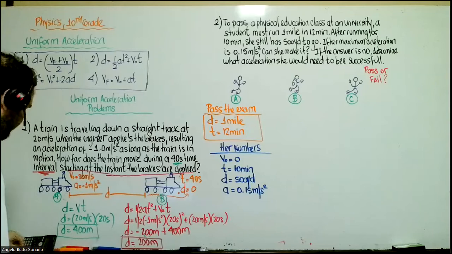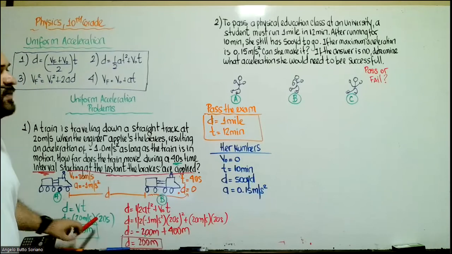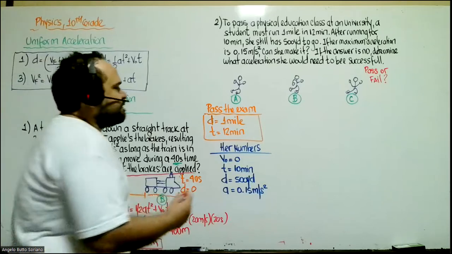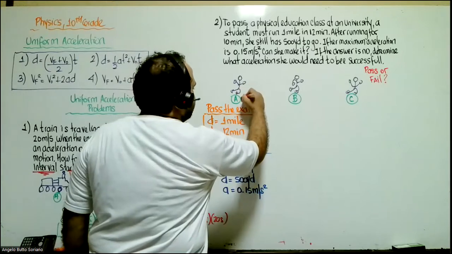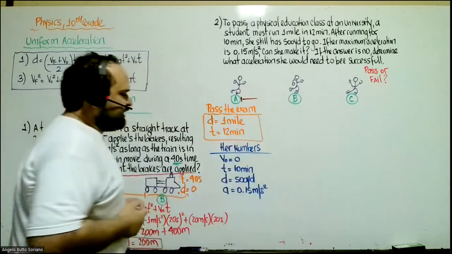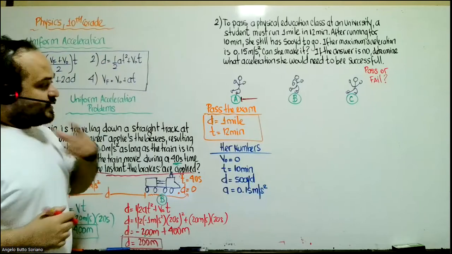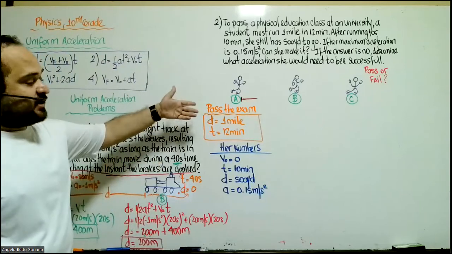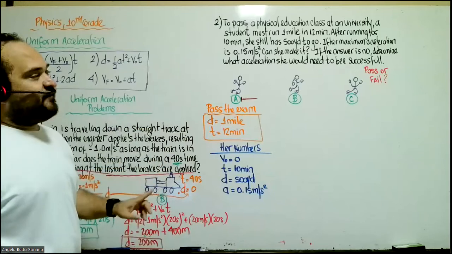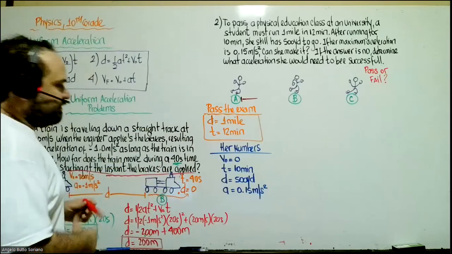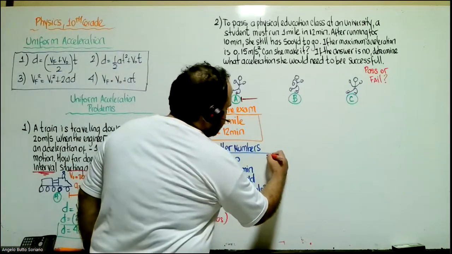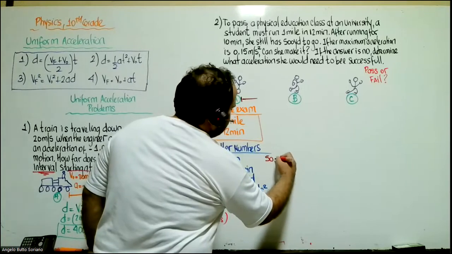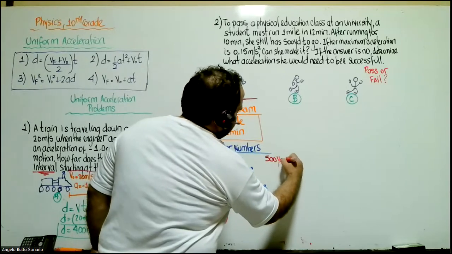Let's see what happened between A and B. What is the initial distance? Remember, the problem mentioned that after the first 10 minutes, she still has 500 yards. We must translate 500 yards into meters.